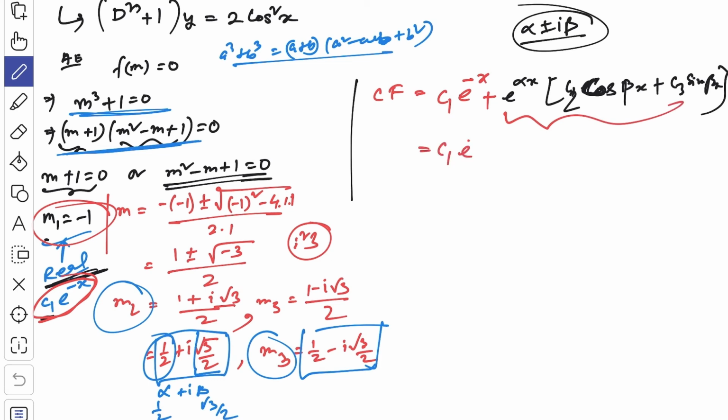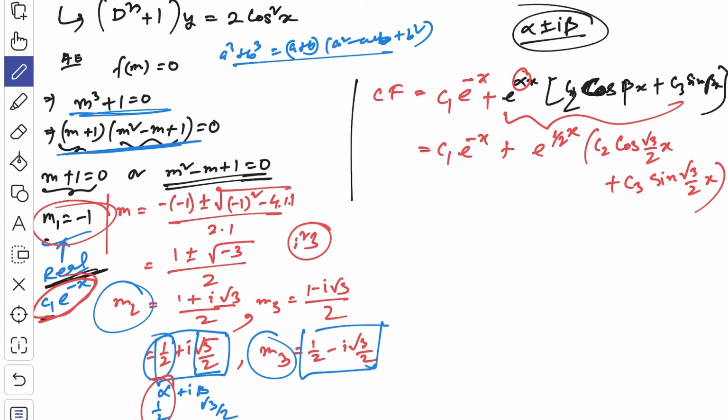If you put the value of alpha here, that is e to the power half x, because alpha is 1 by 2 and beta is root 3 by 2, times C2 cos root 3 by 2 x plus C3 sine root 3 by 2 x. So this is our CF.